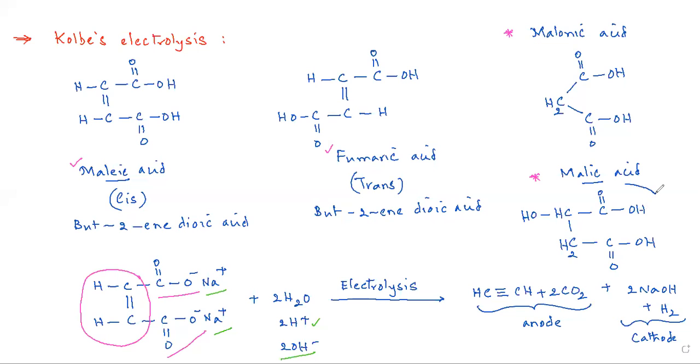We know that butanedioic acid is succinic acid, but a hydrogen on the alpha carbon is replaced by hydroxy. So this is malic. See the difference? Maleic, malic, malonic, right?